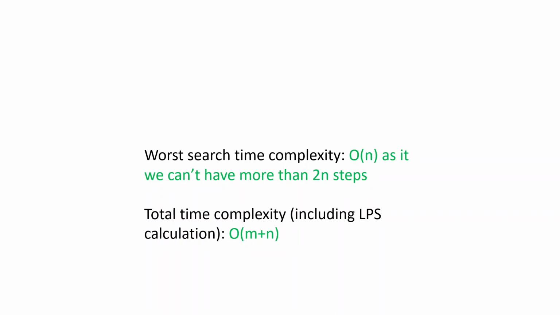Let's think about the time complexity of the search that we just did. Here are a couple of things that we need to remember. While doing KMP search, we never decrement the text counter. Text counter will remain at the same position or it will get incremented. But for the same position of the text counter, pattern counter might get decremented multiple times.